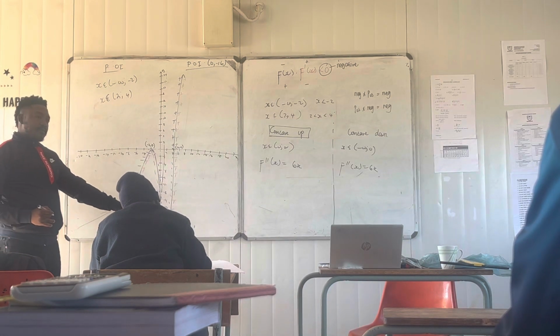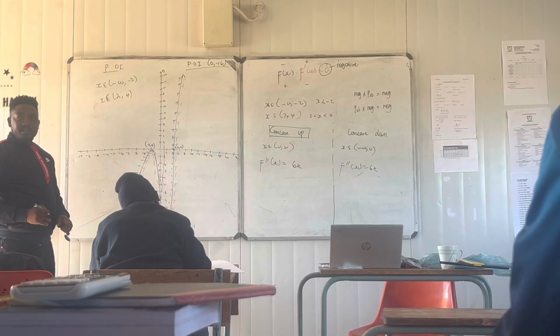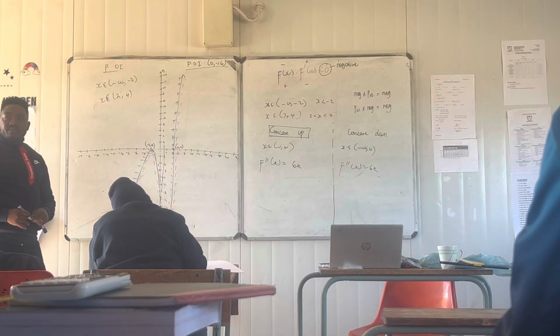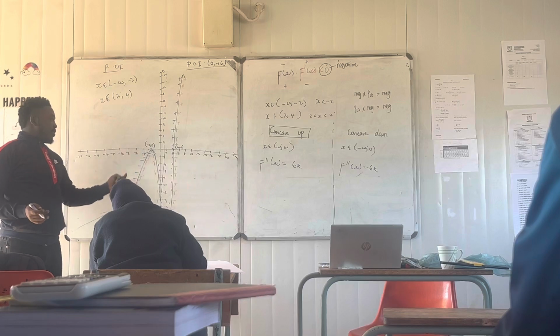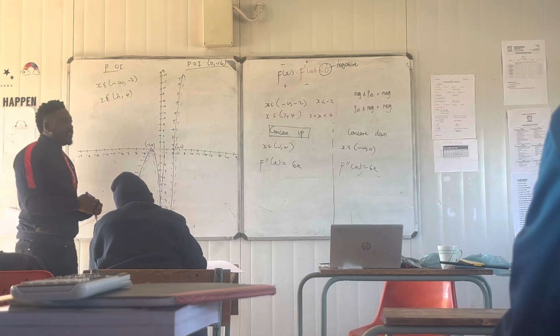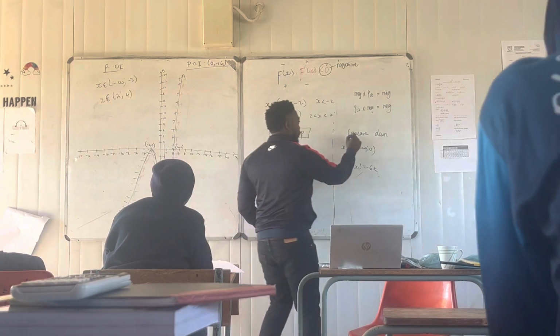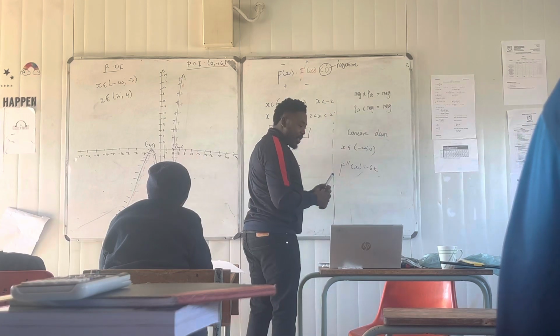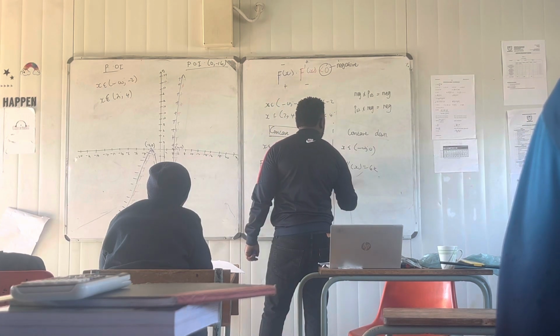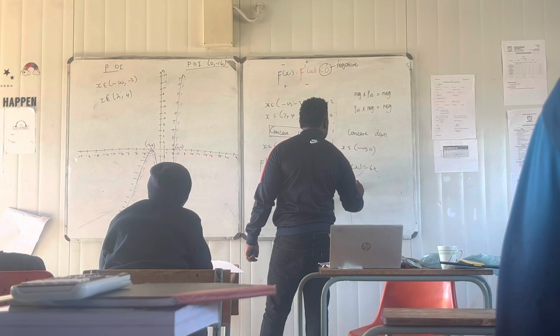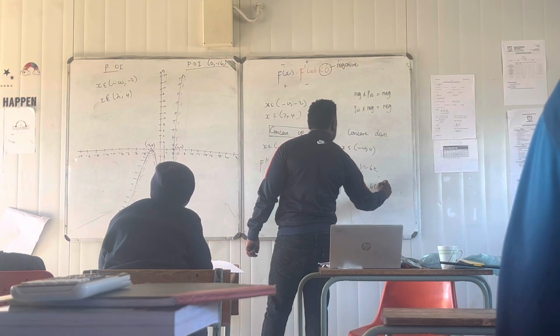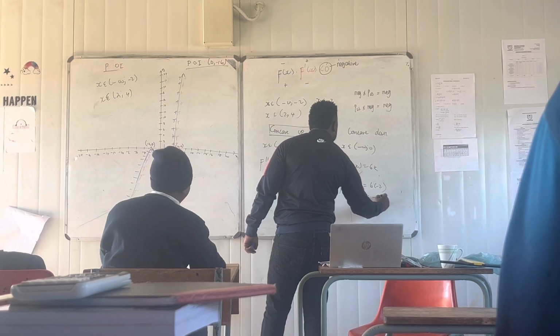You can pick any value, say -2. Let me put it in the second derivative. It's giving me 6 multiplied by -2, which is -12.